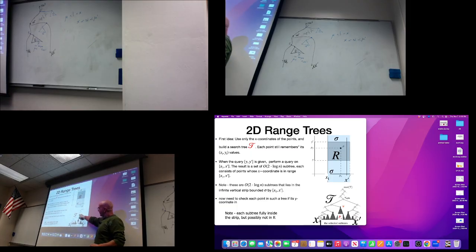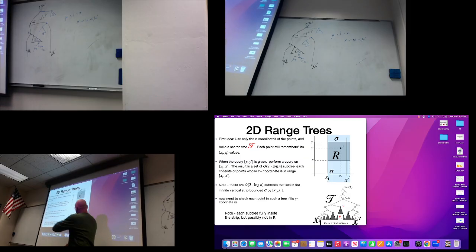And that will give me the first tree that we'll see in this discussion. I will build the tree T, calligraphic T, on the projections of all the points on the x-axis.